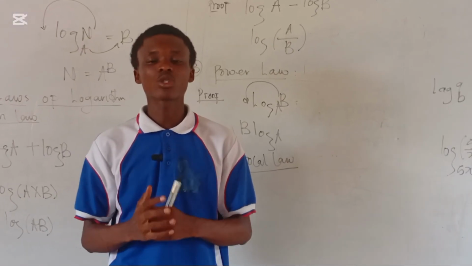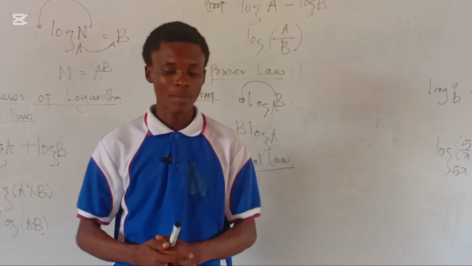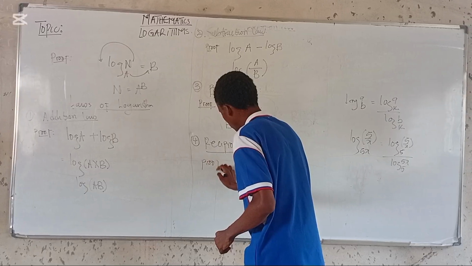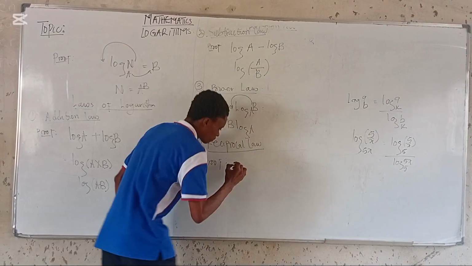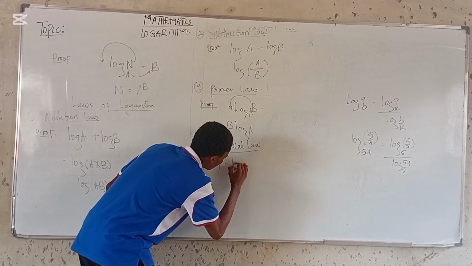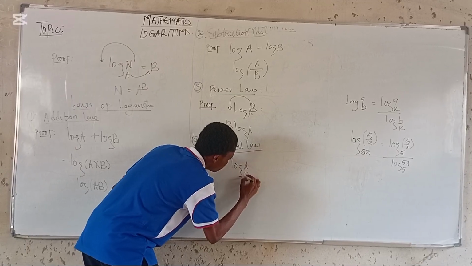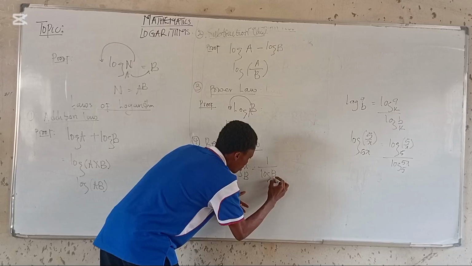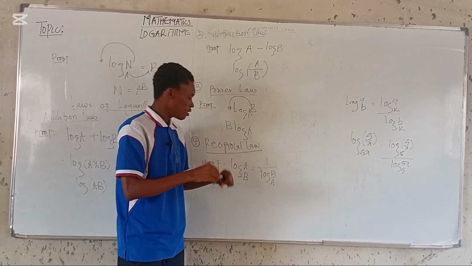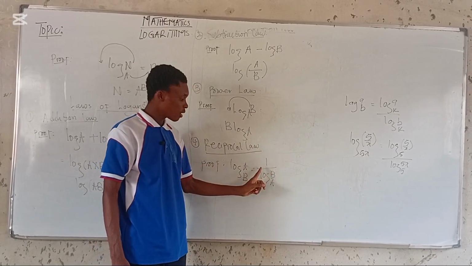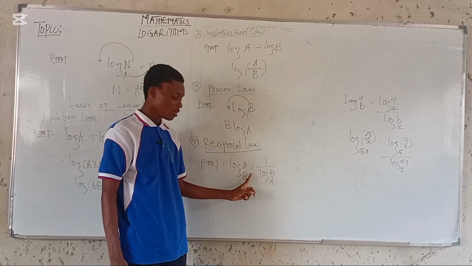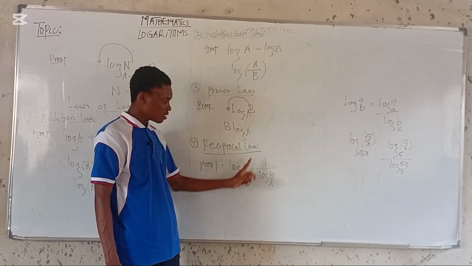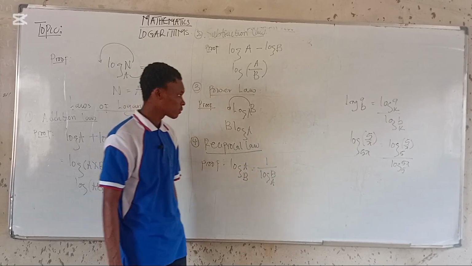In a nutshell, if we have log a base b, this equals 1 all over log b base a.